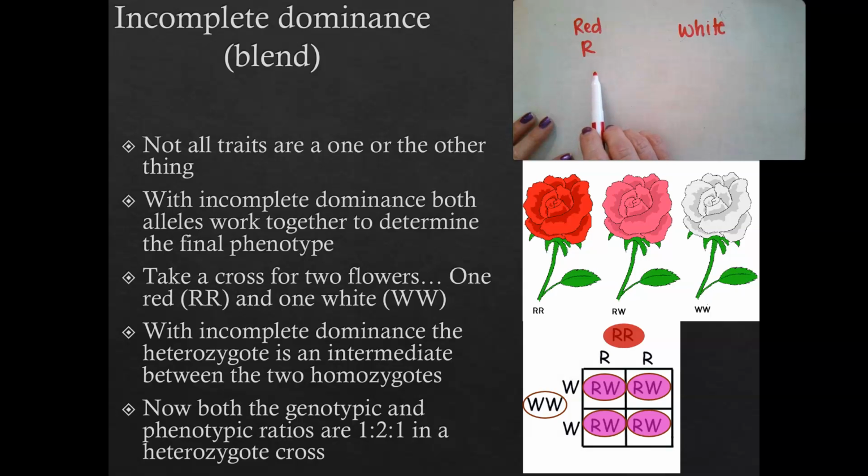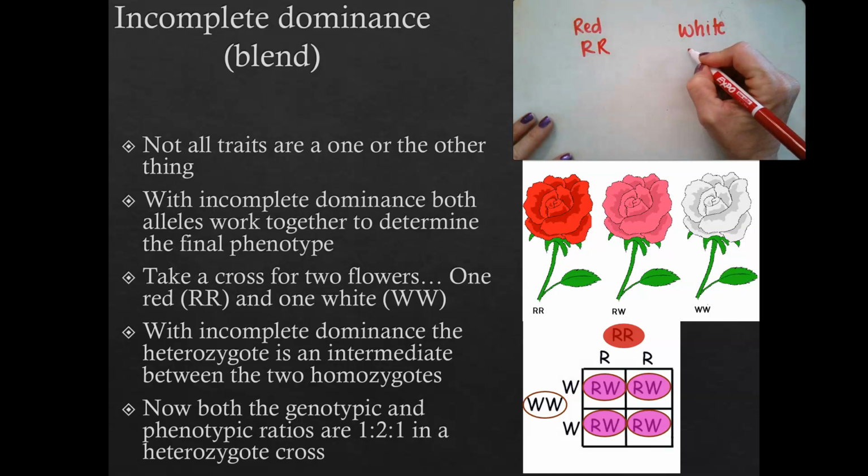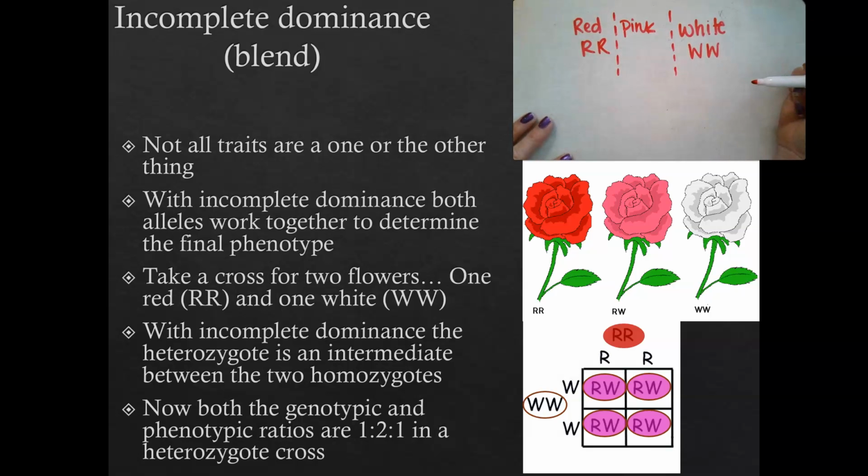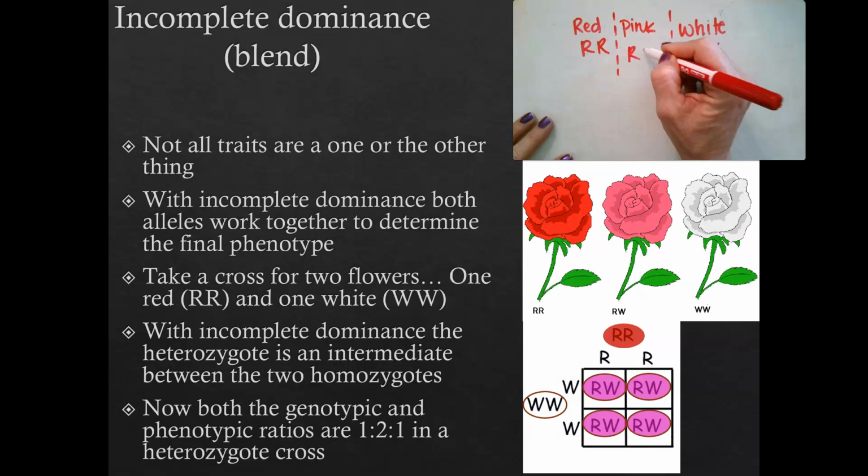So we're going to term red big R, big R. So only the homozygous big R is red. And white is big W because it's not recessive to R. So in between these two, a third phenotype exists, and this third phenotype is big R, big W.